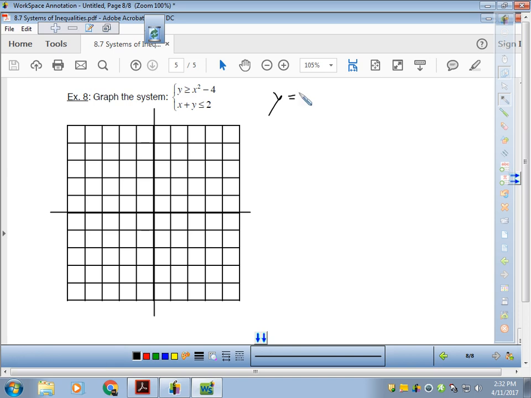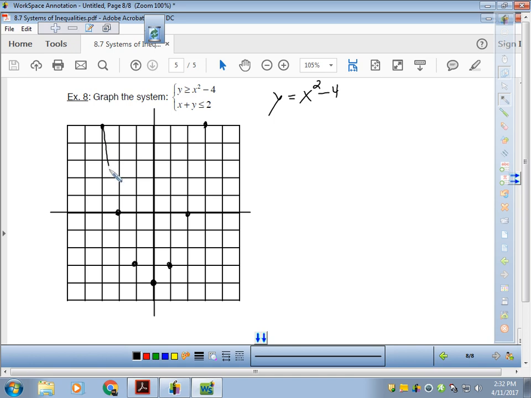So that means I have y equals x squared minus 4. We actually just graphed that parabola a second ago. It had a point at -2, 0, -1, -3, 0, -4, 1, -3, and 2, 0. And we also found that at -3 it was up at 5, and at +3 it was up at 5.